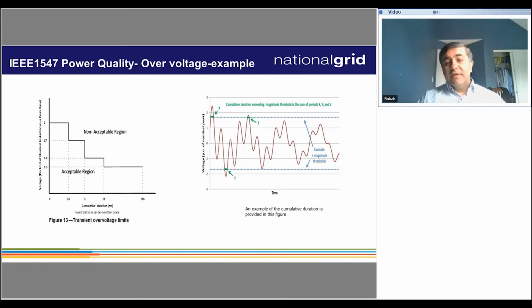So look at this red curve. Hopefully this won't be your system voltage. We're kind of exaggerating this for demonstration purposes. But assuming that the red is your system voltage, you see that it's exceeding the blue dotted lines 3 times, X, Y, and Z, right?